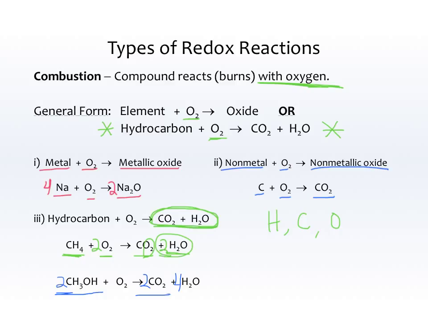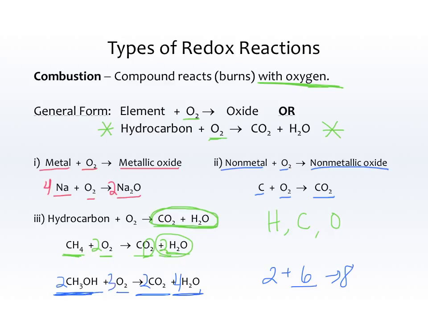I have 4 with the CO2, plus another 4 with the water, is 8 total on the right-hand side. Now I have 2 with the CH3OH, plus another 2 with the oxygen, is 4 total on the left. So if I had 8 on the right and 2 plus some number on the left, if I could make this 6, then that would be 8.